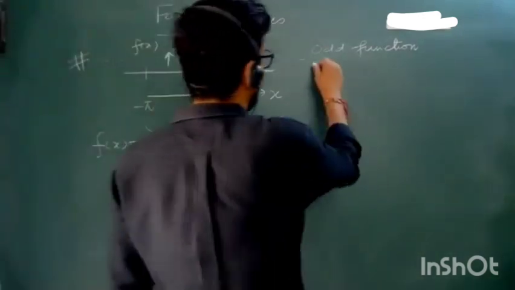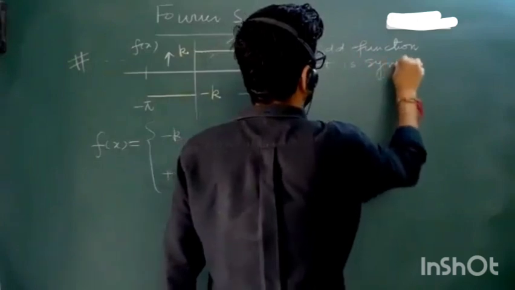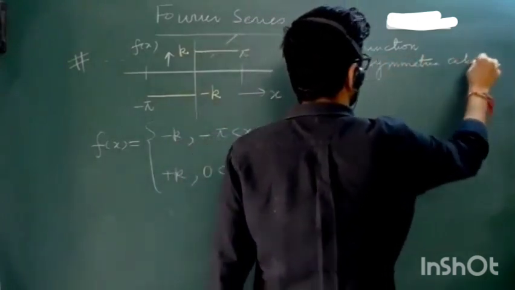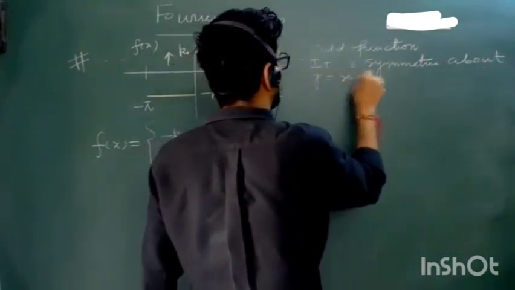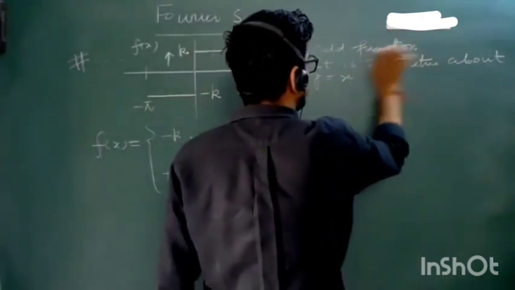So you can write here it is symmetric about y is equal to x axis. Y is equal to x line, I would say.